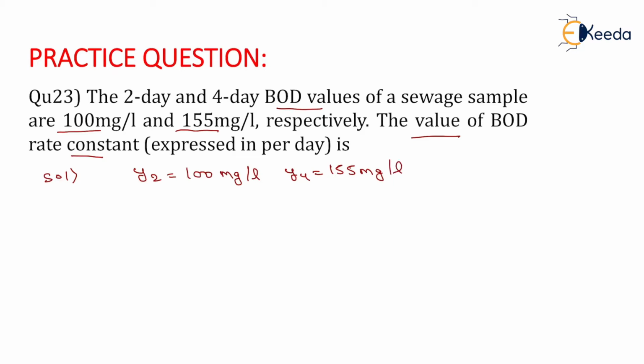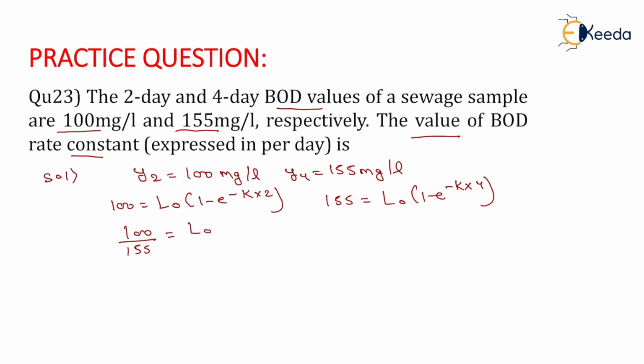So we write the equation for both: 100 milligram per liter equals L0 times (1 minus e to the power minus k into 2), because t is 2. And Y4 is 155, equal to L0 times (1 minus e to the power minus k into 4). Now you divide these values, that is 100 divided by 155 equals L0 times (1 minus e to the power minus 2k) divided by L0 times (1 minus e to the power minus 4k).